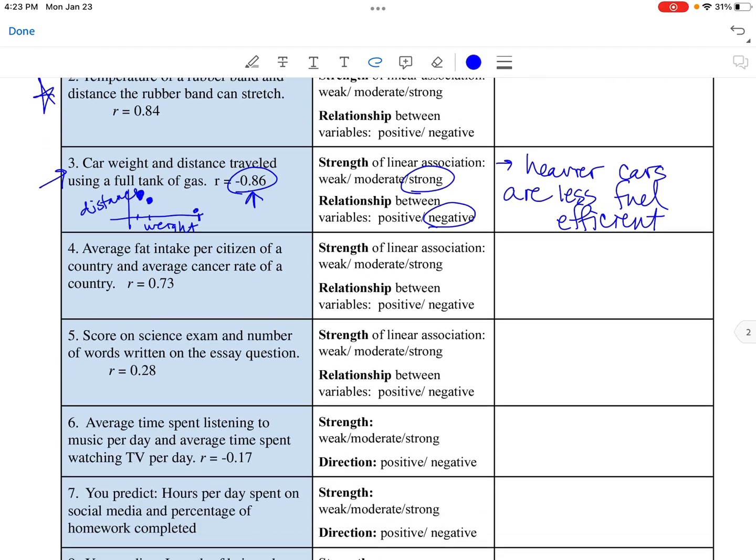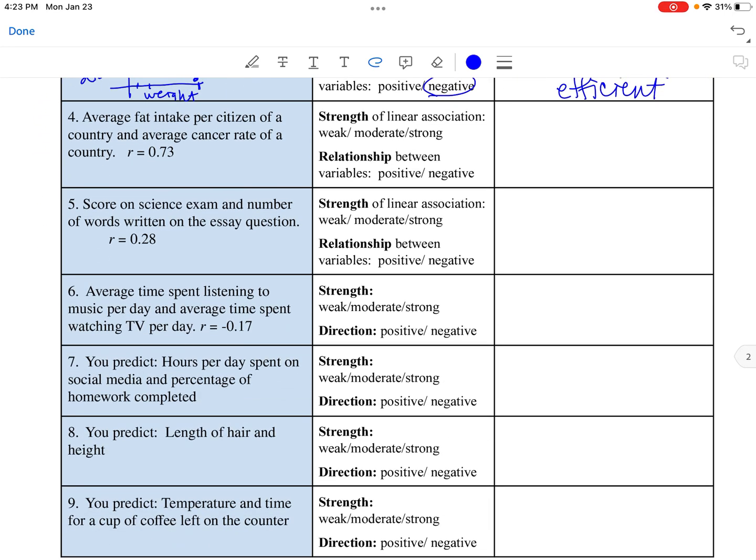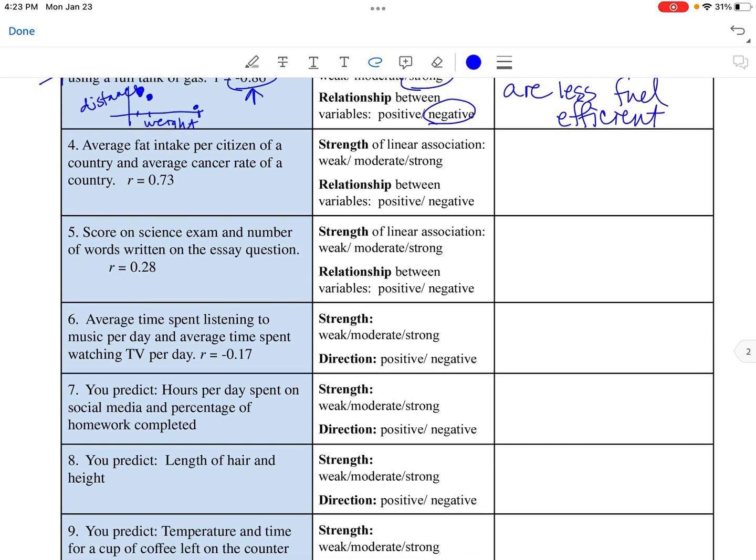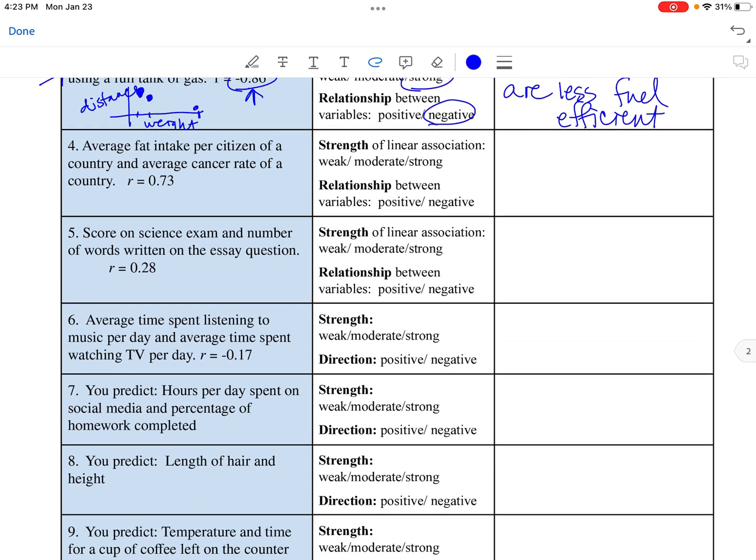Okay, so let's maybe do one more here. Let's look at one that is not very correlated. This R value is close to 0, so that would be weak and negative. Average time spent listening to music per day and average time spent watching TV per day. So it looks like that's not very correlated.